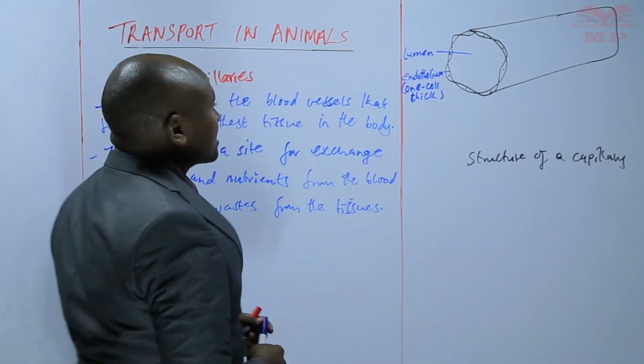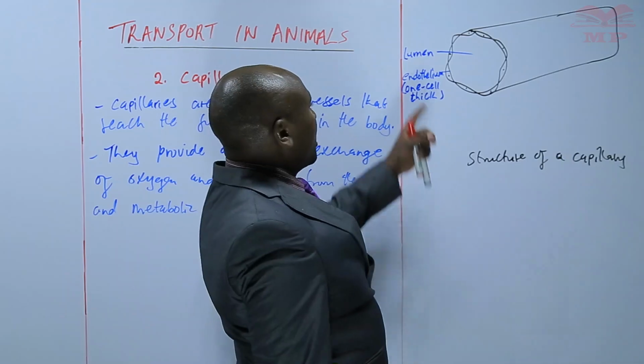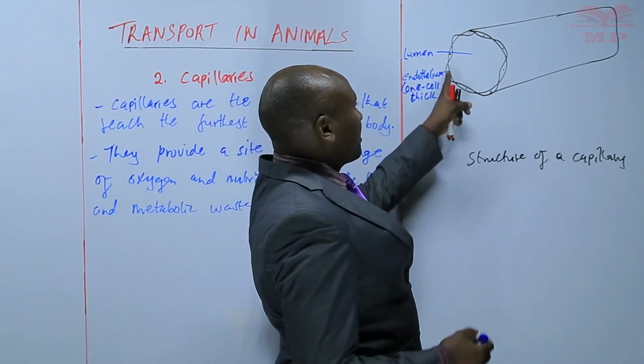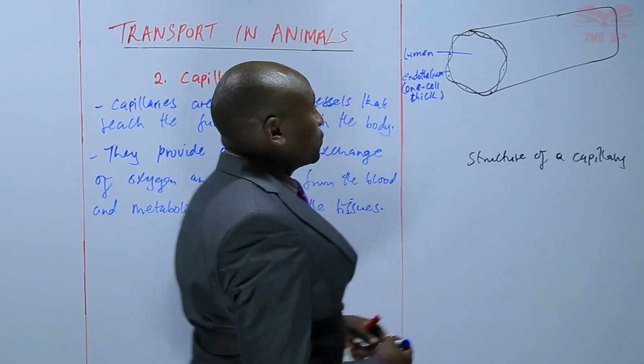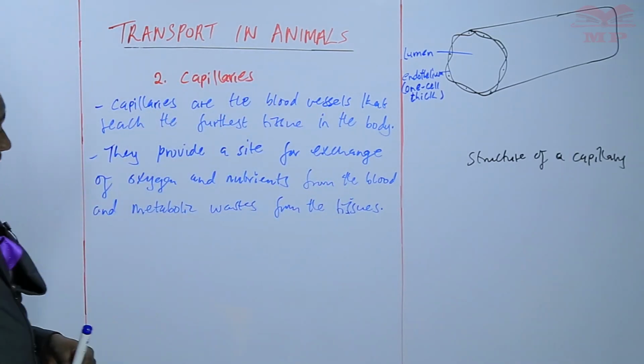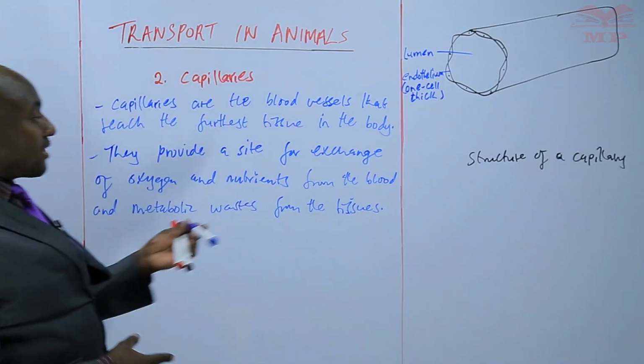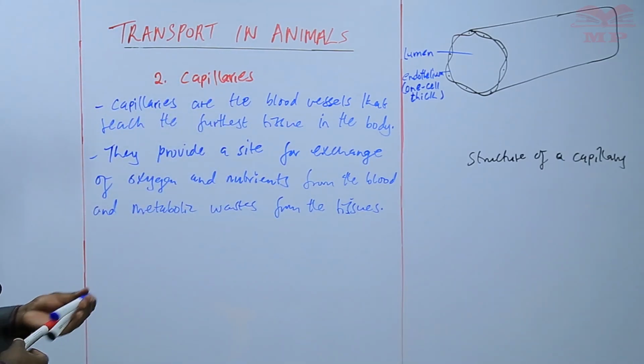The wall is known as the endothelium, and it's 1 cell thick. It's 1 cell in thickness, as you can see. So the wall is very thin. The wall of a capillary is very thin so that there is proper exchange.